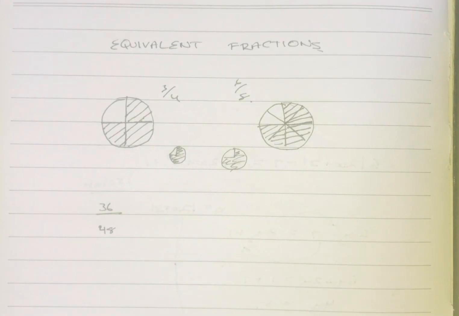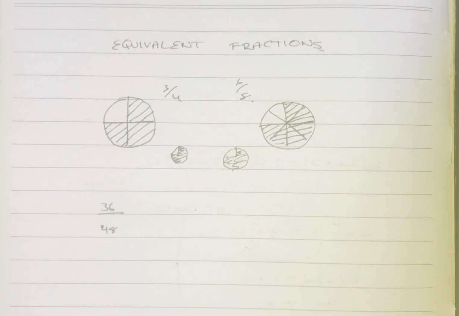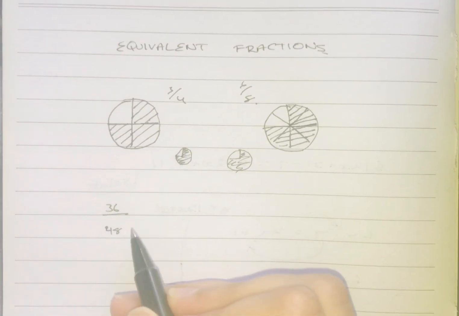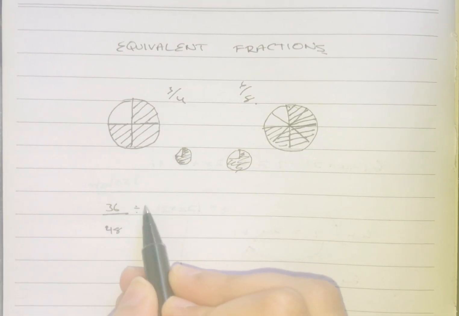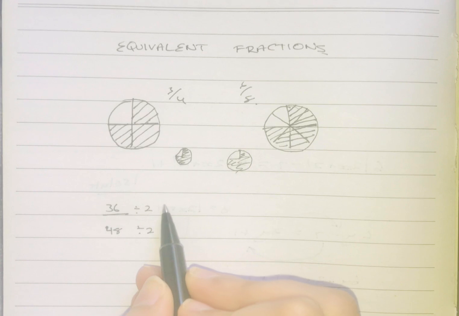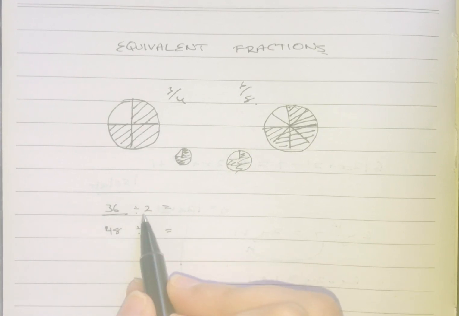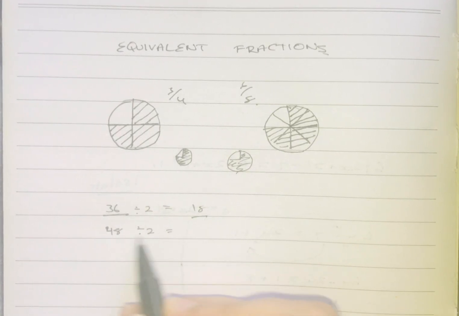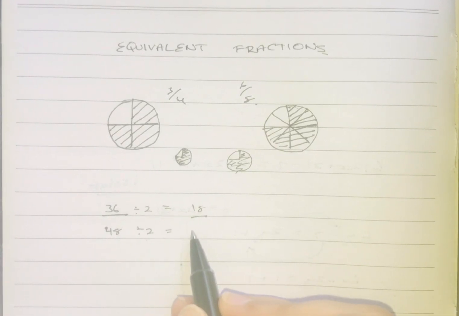What will you do when you get something like this? You're going to simplify it, divide by 2 on top and 2 on the bottom. So 36 divided by 2 is 18, over 48 divided by 2 is 24.